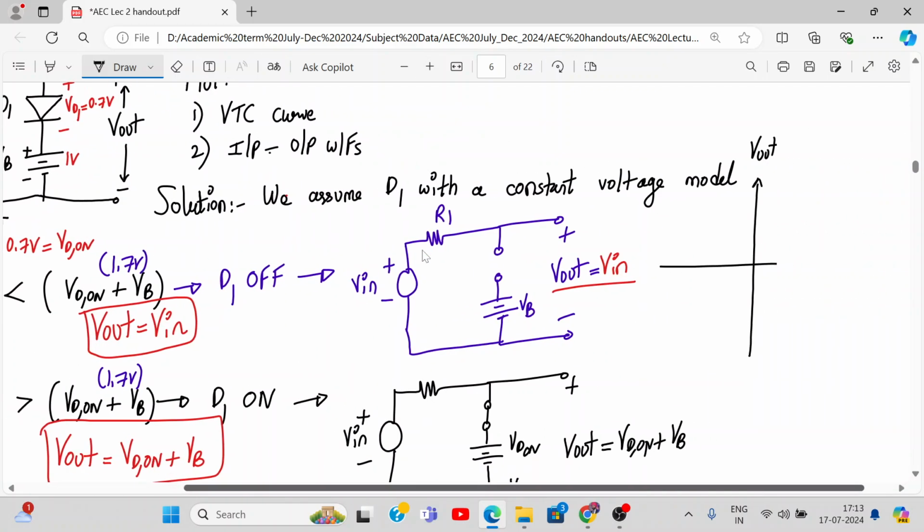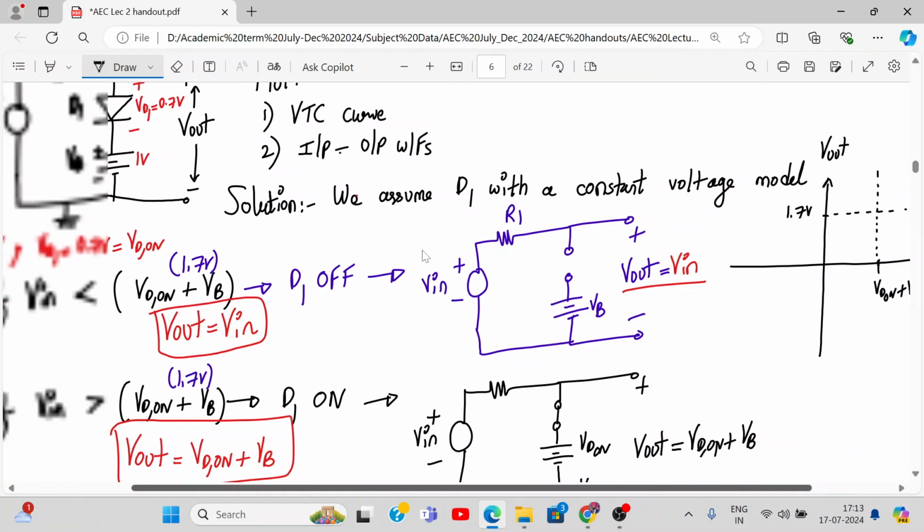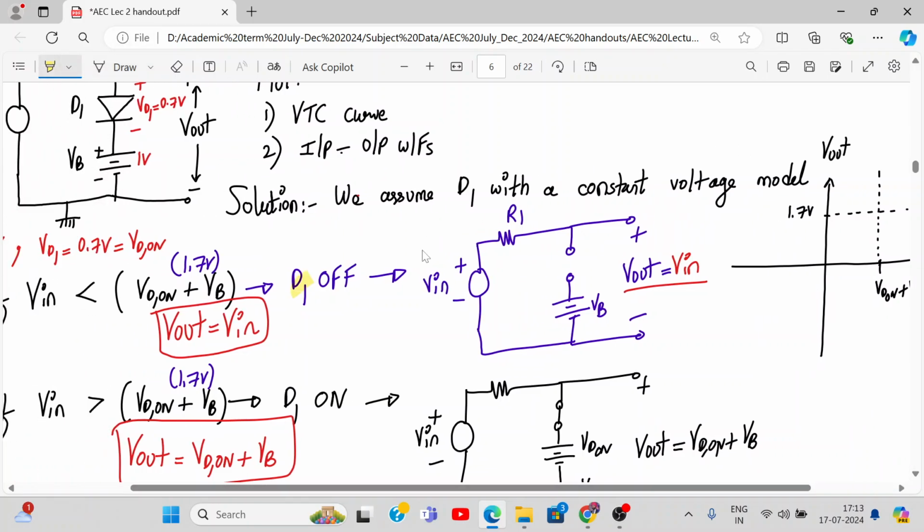If I keep it generalized, can I say it's VD on plus VB? I know it's 1.7, but here also I'll keep it ready. Here I'll write 1.7 volt. And here there is a barrier. So when V in is less than VD on plus VB, the diode is off.